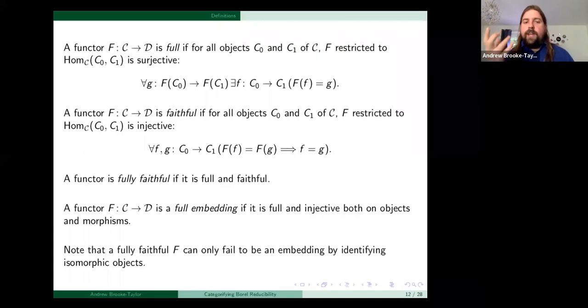So the point here is that a fully faithful functor can fail to be an embedding by identifying isomorphic objects to each other. From a standard category theory perspective, isomorphic objects might as well be the same thing, so it's fair enough to blur the distinction there. But when we're talking about Borel considerations, situations where you may not have a Borel selector, for example, it's important to maintain this distinction.